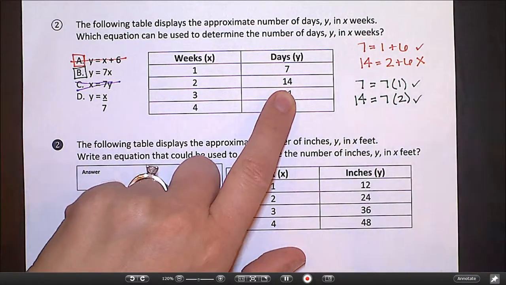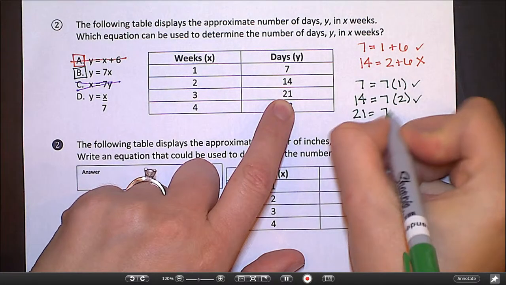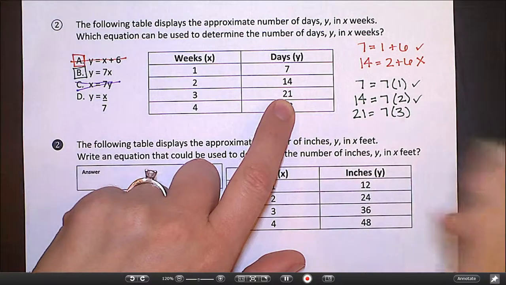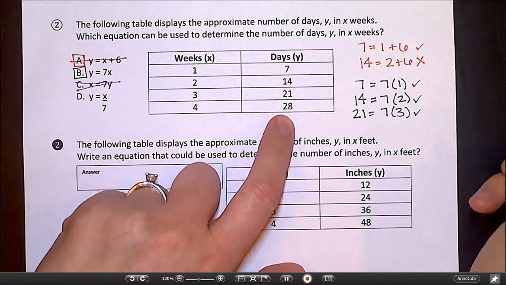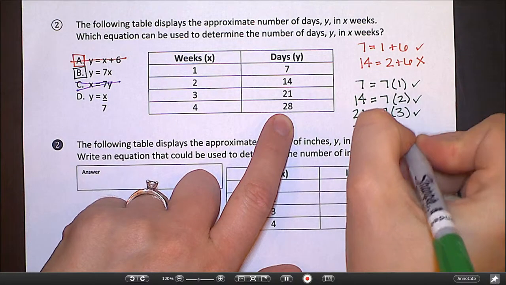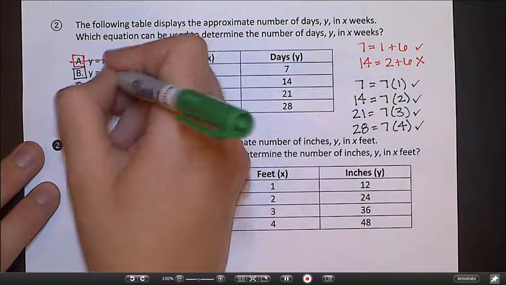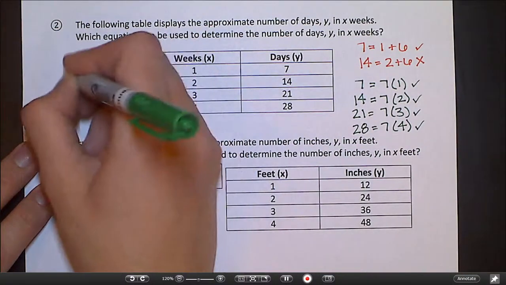Well, that one works too. 21 equals 7 times 3. That is true. Test the last one. 28 equals 7 times 4. And that is also true. So I think that B is going to be my answer.